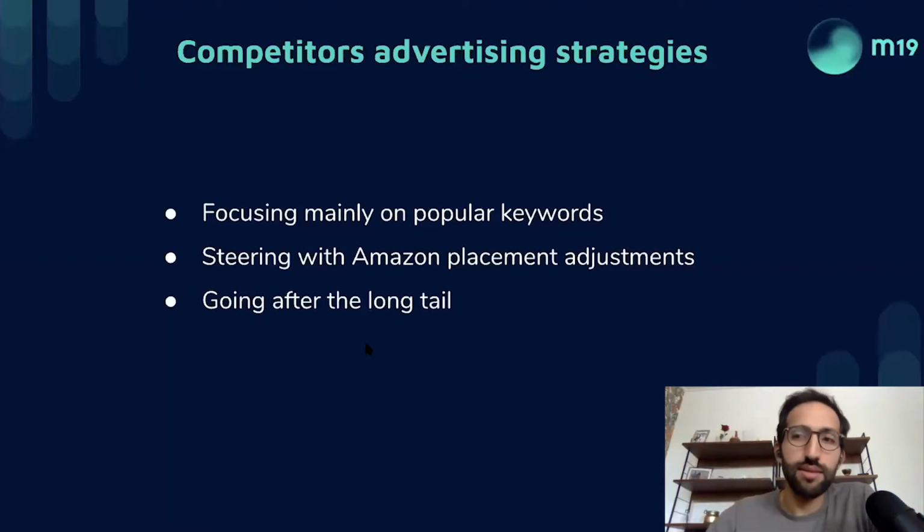And the last strategy is only going after the long tail in terms of keywords and of course product targeting, which leads to an advertising strategy that is less costly because the long tail costs less than high volume keywords where there is a lot of competition. So let's dig into these strategies.